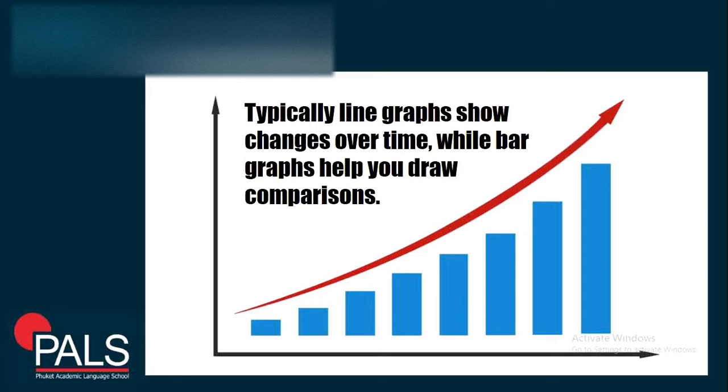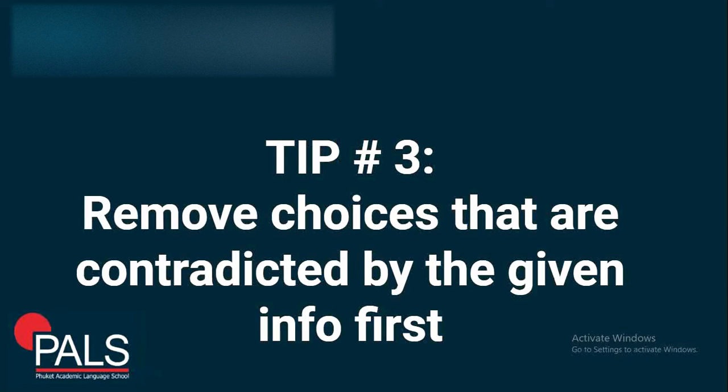Okay. My third tip is for you to remove choices that are contradicted by the given information first. So this applies for multiple choice questions. It is normal that at least one, if not two, of the 5 answer choices will be the opposite of what is presented to you in the short passages or in the accompanying data.